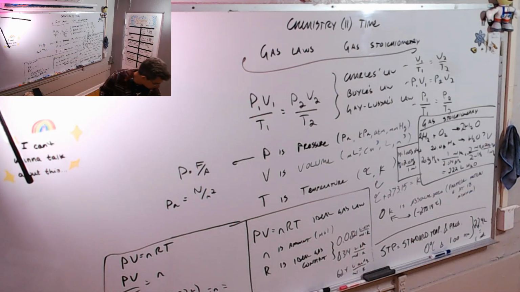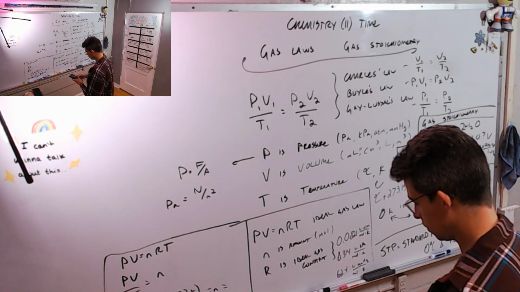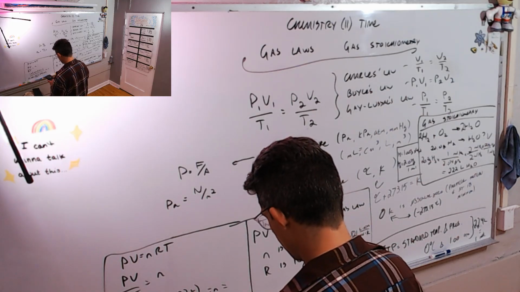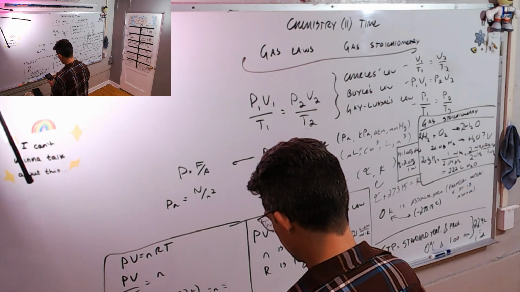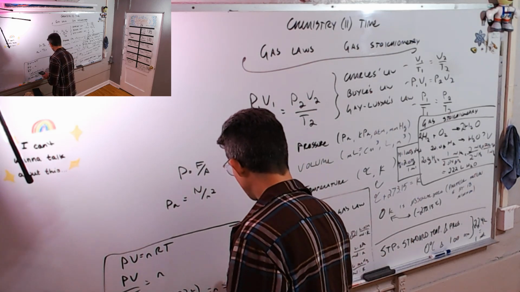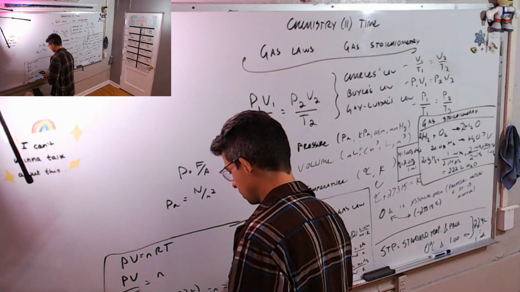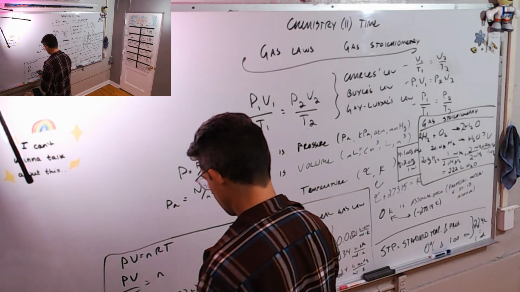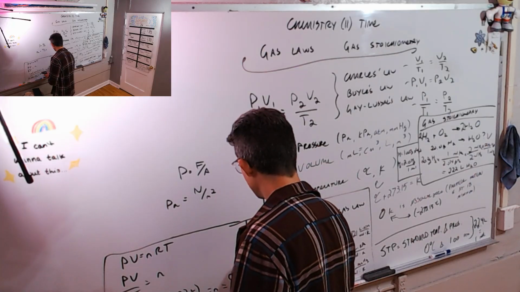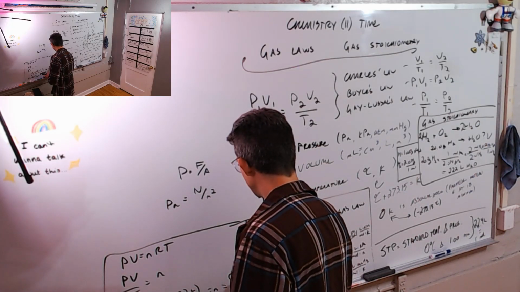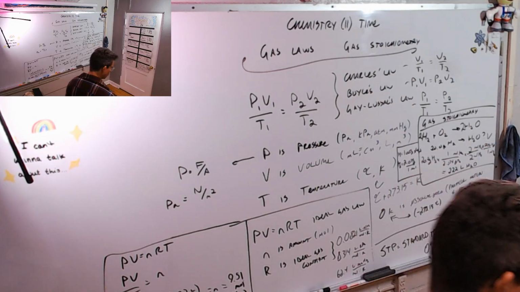In our calculator again, we type 1.03 times 222, enter, divide by 0.0821, enter, divide by 293, enter. We get a number of moles of 9.50. With sig figs, we have 3 sig figs, so that's right. 9.51 moles of water. And then from there, we could do stoichiometry with it fairly easily.